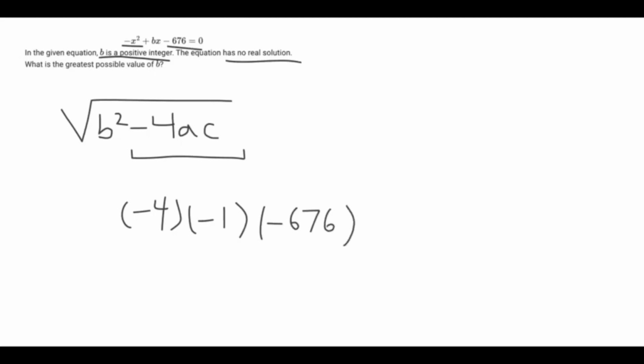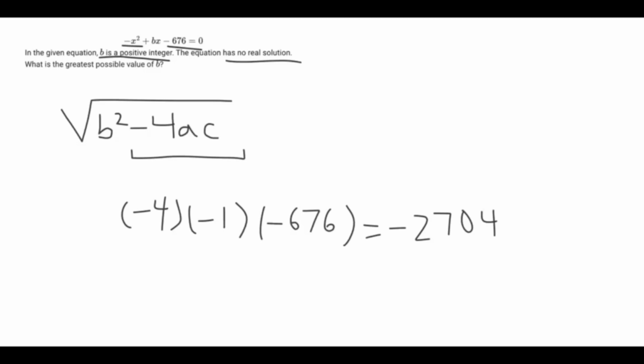And this will give us a value of negative 2,704. All right. So as we talked about before, we need to know that the value of b squared has to be less than 2,704.